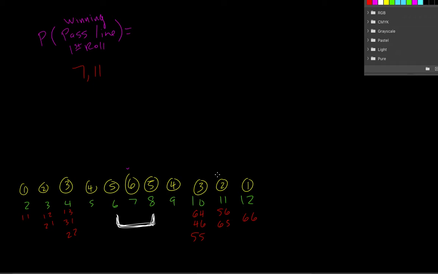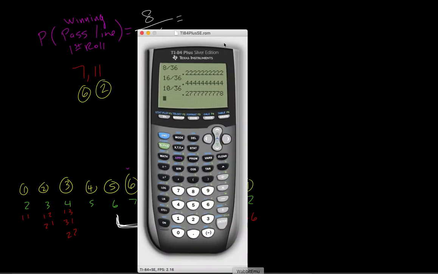So we come down to this chart that we have. There's 6 ways to roll a 7, and there are 2 ways to roll an 11. So there's a total of 8 ways to get what we want. Then there's 36 total outcomes when we're rolling 2 dice. You can leave it like this, you can reduce the fraction, or you can turn it into a percentage.